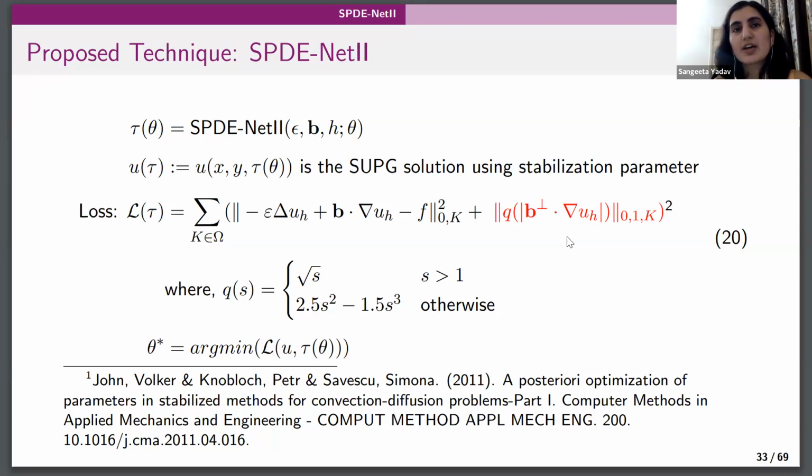This term takes care of the smearing in the solution, and we call it the crosswind derivative term, because here we are using B perpendicular, which is B2 comma minus B1, and we are taking a dot product of this with grad u, and then we input it to the function Q given as this. So this term will take care of the smearing in the obtained solution. And we will try to get theta star as the argument minimizing the loss function.